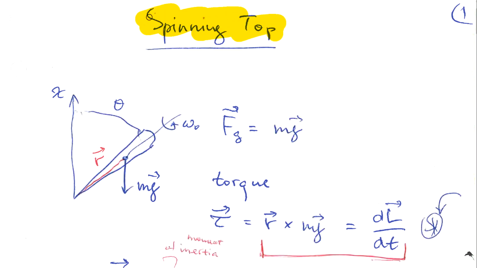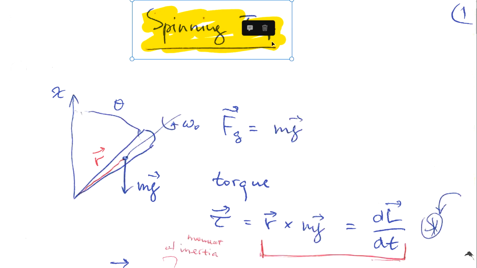So if you remember, we discussed the spinning top. This is not magnetism, this is mechanics, a spinning top in the presence of gravity. Here is the spinning top, positioned at a certain angle, and the gravity force points down. So gravity is equal to mg.